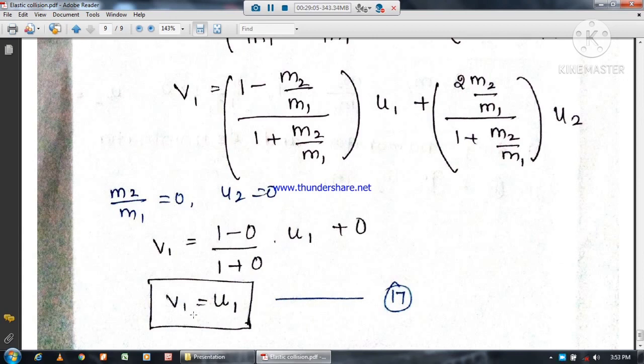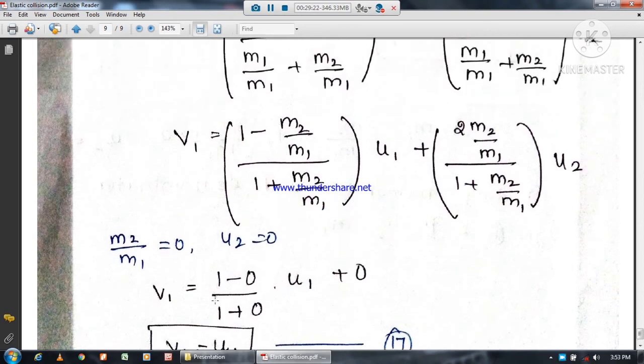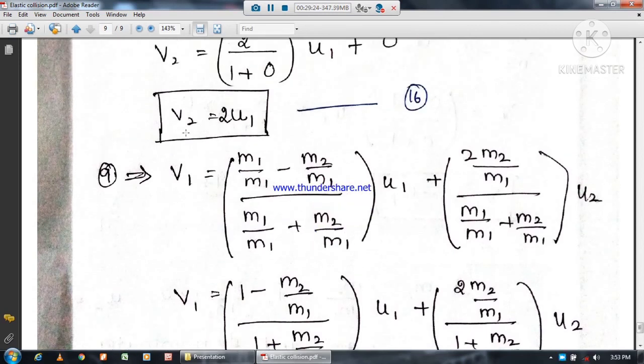So these equations show that after collision the first body, which is heavier, moves with the same initial velocity. The final velocity of the first body is v1, which is the same as its initial velocity, and the second body, which is lighter, will move with twice the initial velocity.